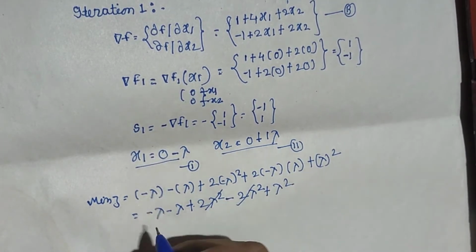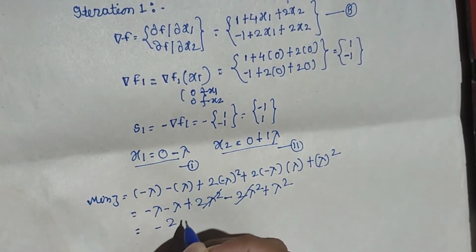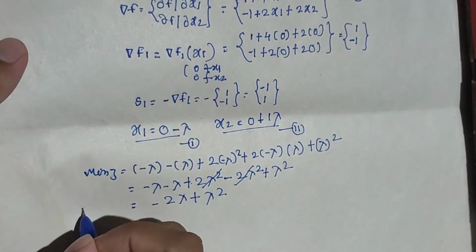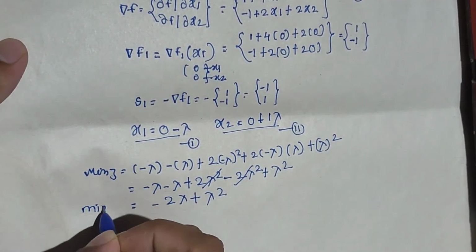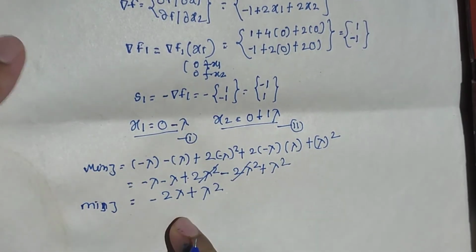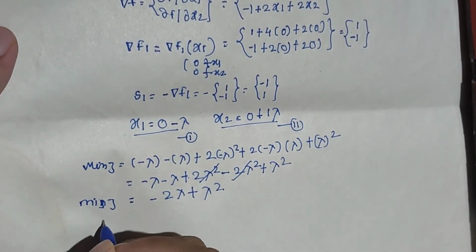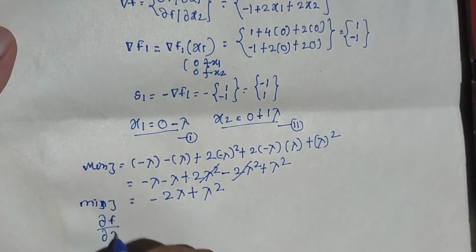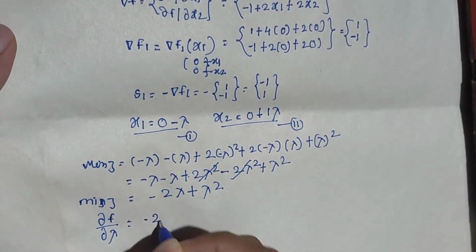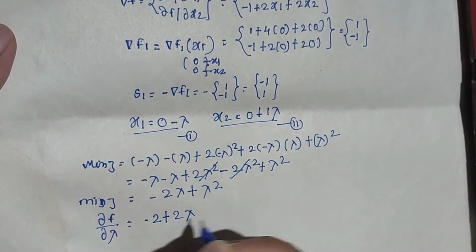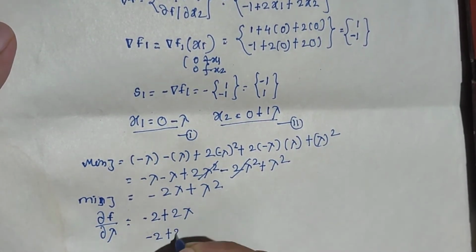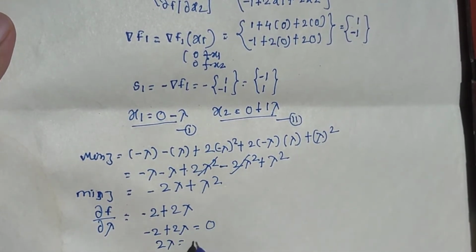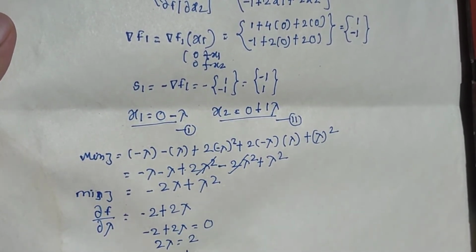So this is going to cancel, leaving minus 2 lambda plus lambda square. Now we differentiate this equation with respect to lambda. So we got minus 2 plus 2 lambda equals 0. So 2 lambda equals 2 and lambda equals 1.